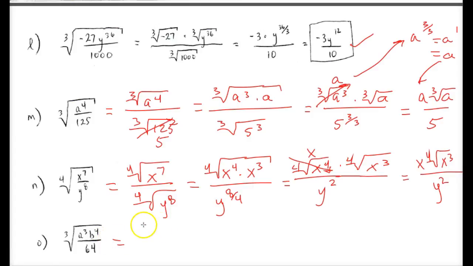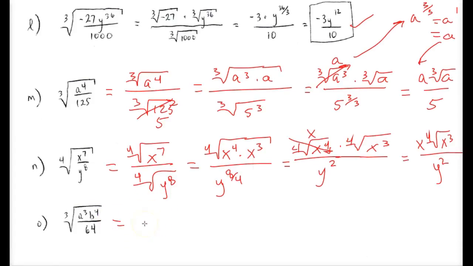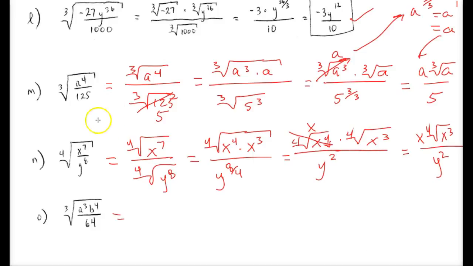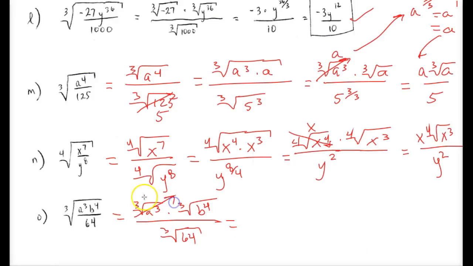And of course, for our last one here, we have cube root of a cubed times cube root of b raised to the 4, all over cube root of 64. We know here that cube root of a cubed could just be a.